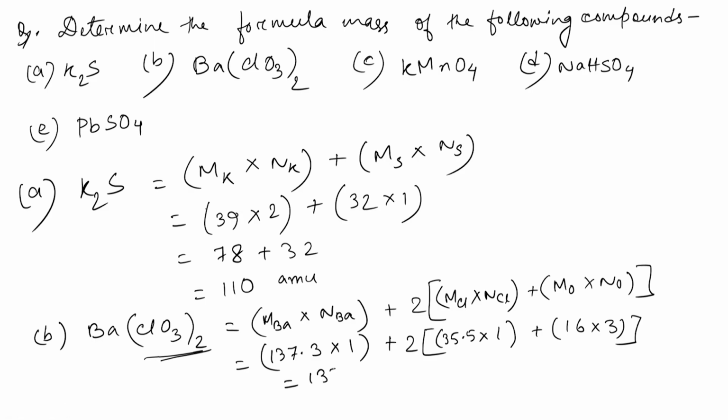So 137.3 plus 2 into 35.5 plus 48. So this comes as 304.3 AMU. Okay.